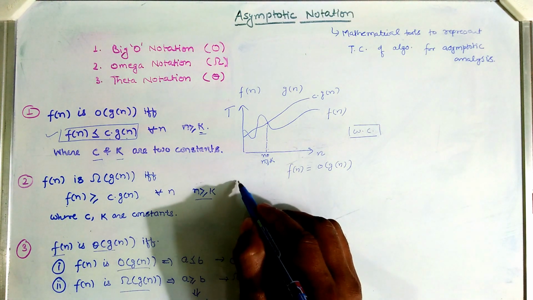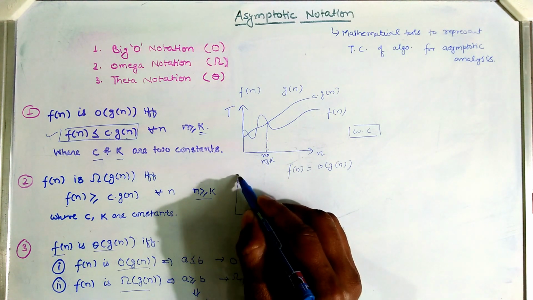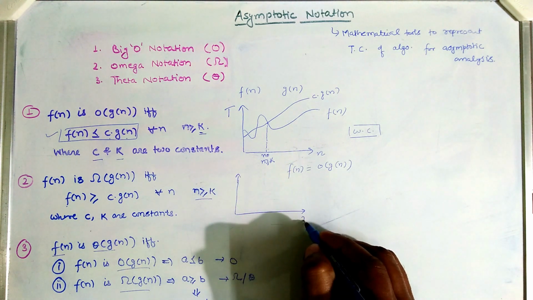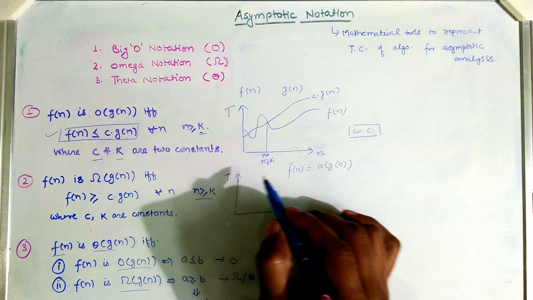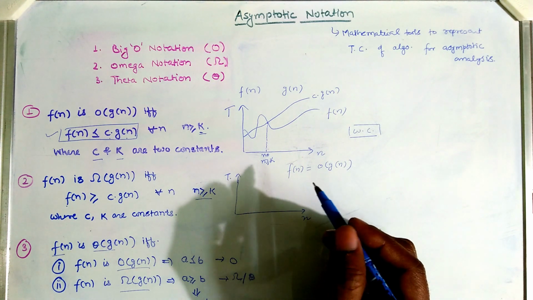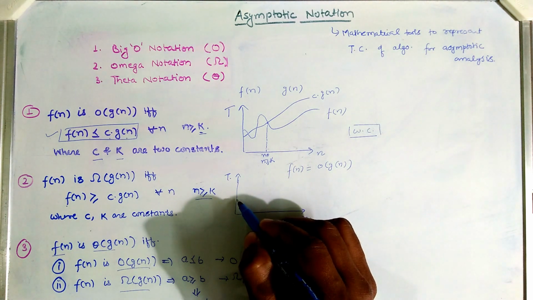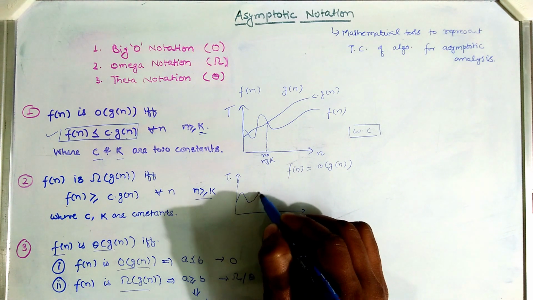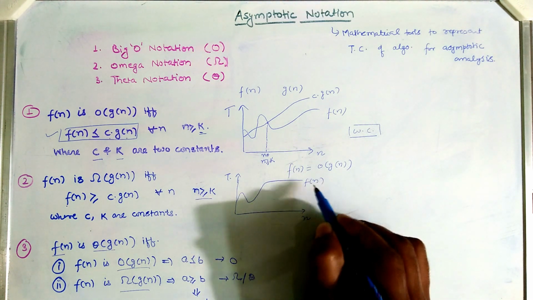So let's understand this definition also by a graph. In the graph, the x-axis represents the number of inputs and the y-axis is the time taken by the algorithm. Suppose this is my function f(n).